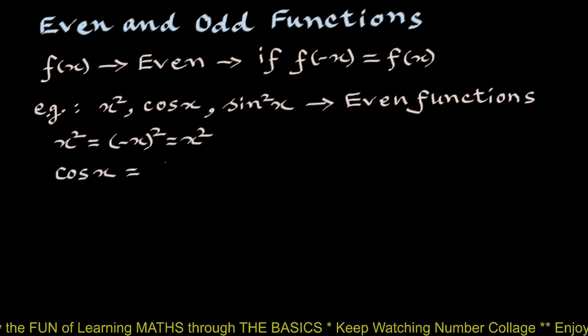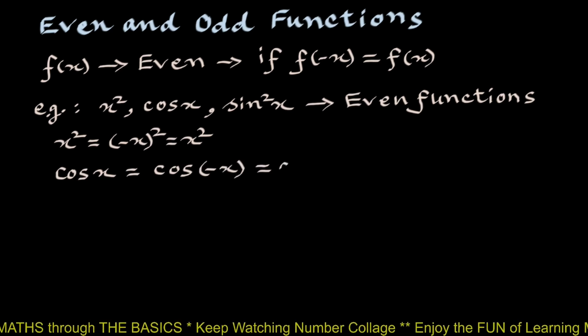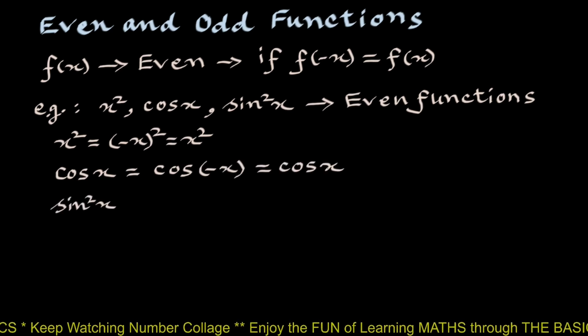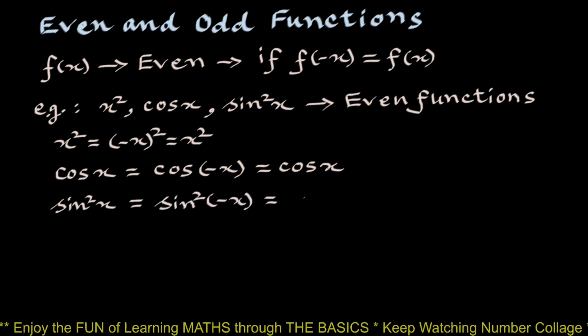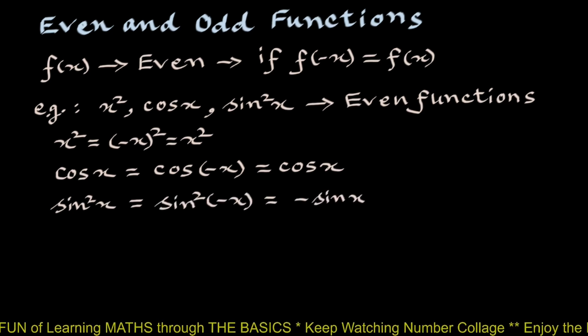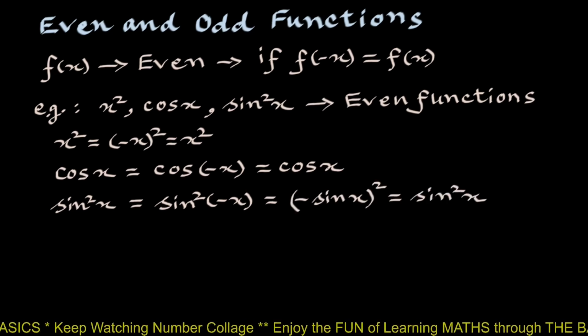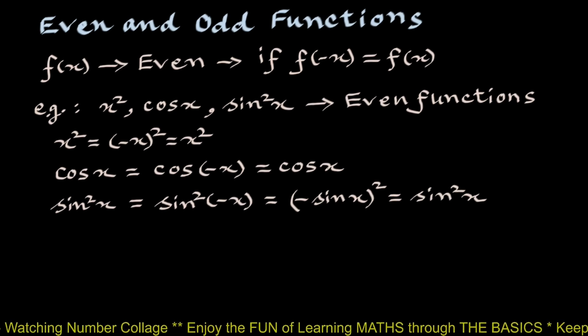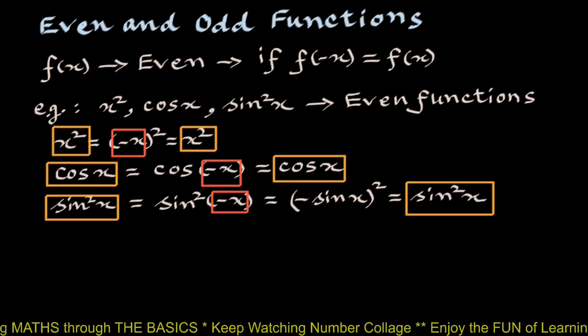Cos x is same as cos of minus x equals cos x. Sin square x is same as sin square of minus x, which is minus sin x whole square, again sin square x. In each of these functions, after replacing x by minus x, the original function is retained.